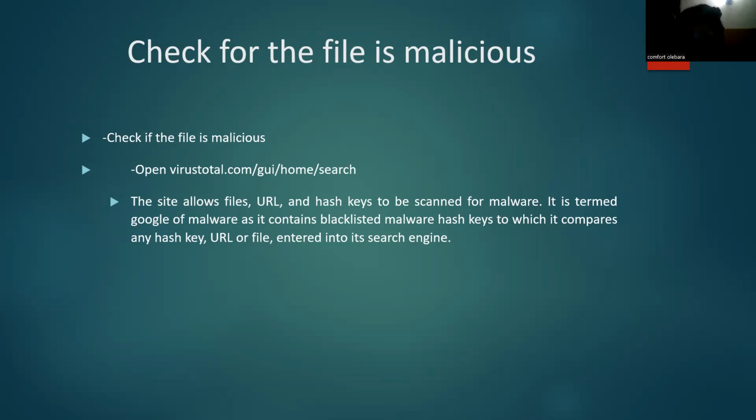If there is a match, it returns the file or hash key as having malware. But if there is no match, it also tells you there's no match, or the file is free, or no vendor has flagged this file as a malware file.